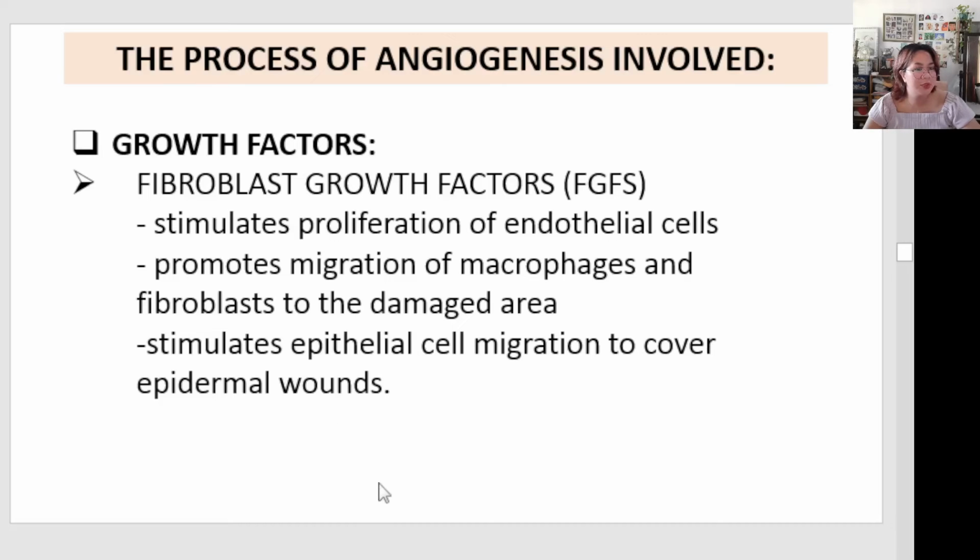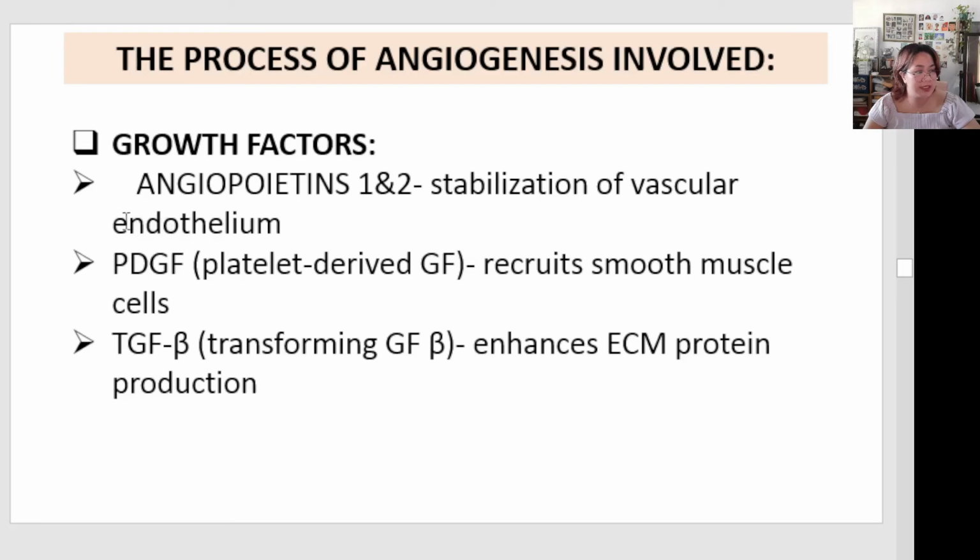The third one is the angiopoietins 1 and 2 for the stabilization of vascular endothelium. And the fourth one is PDGF or platelet-derived growth factor, which recruits smooth muscle cells. And the fifth one is the TGF beta or transforming growth factor beta, which enhances extracellular membrane protein production.